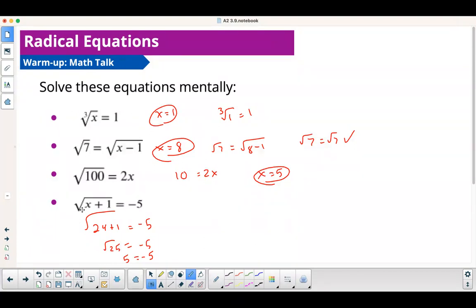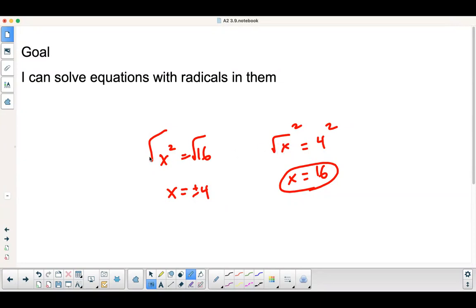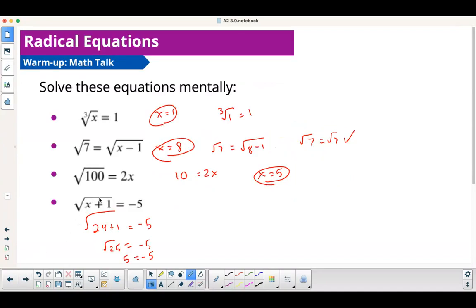If you have to insert your own radical, then you need a plus or minus, like I did when I had to insert my own radical in the earlier one. But in this one the radical was already there, so this denotes that we want the positive square root, so we would just have 5. 5 is not equal to negative 5. I don't think there's any way we could take a square root and get a negative, because the square root is already there, so we want this quantity to be positive. So this one would be no solution. Hopefully you figured that out on your own when you paused the video. If not, now you are a little more aware of that.